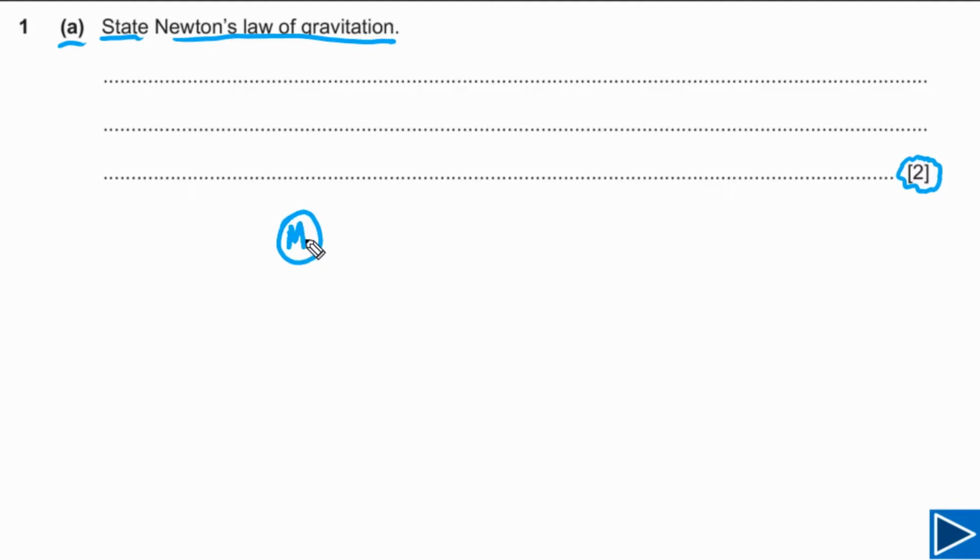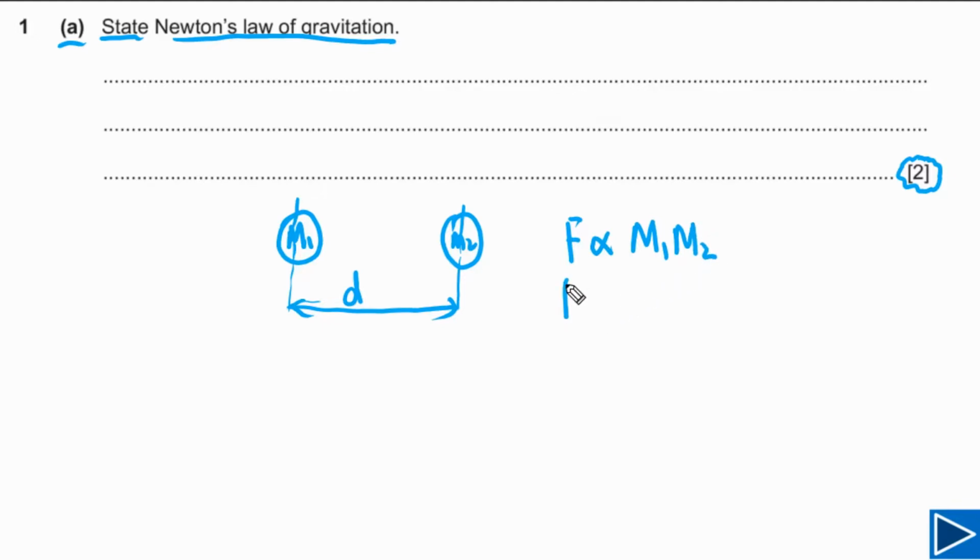Imagine that we have one mass, this is m1, and we have another mass, let's say this is m2, and the distance between the centers of these two masses is equal to d. So Newton's law of gravitation simply tells us the force of attraction between these two masses is directly proportional to the product of these masses, and the force of attraction, or you can say the gravitational force, is inversely proportional to the square of separation, or simply the square of distance between these masses.